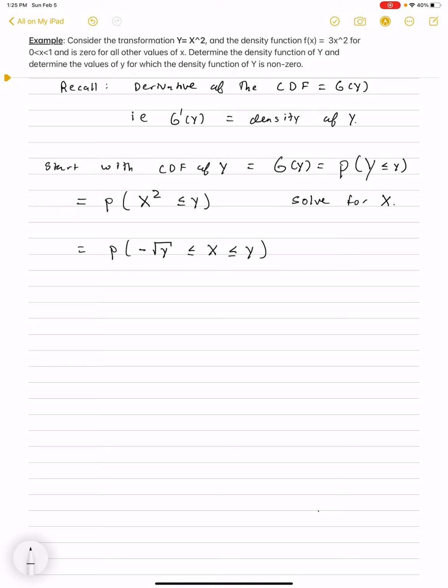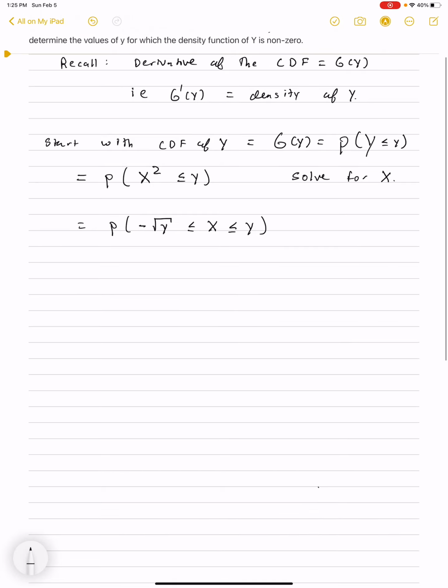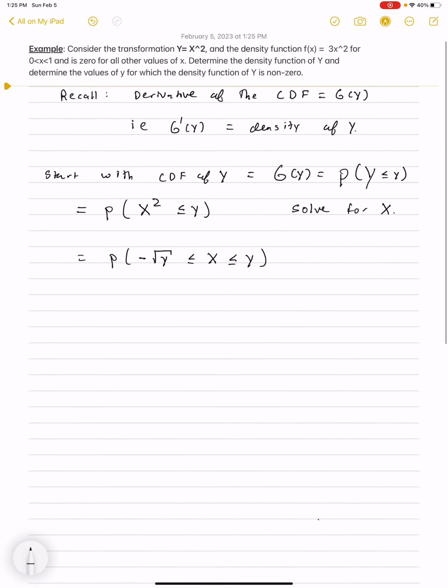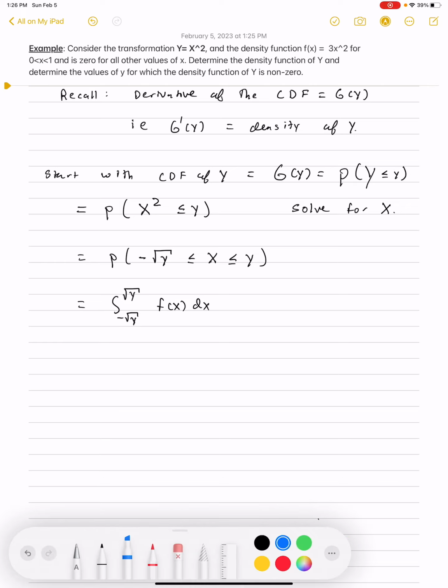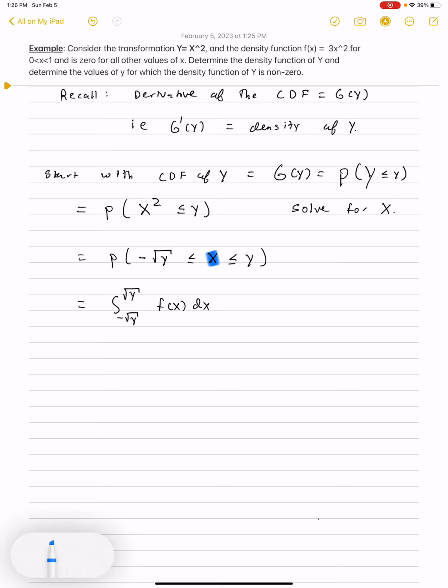Okay, so now I've solved for x. I said I know how to calculate probabilities with x. This is the integral from minus root y to positive root y of f of x dx. After all, I have a probability stated in terms of x.